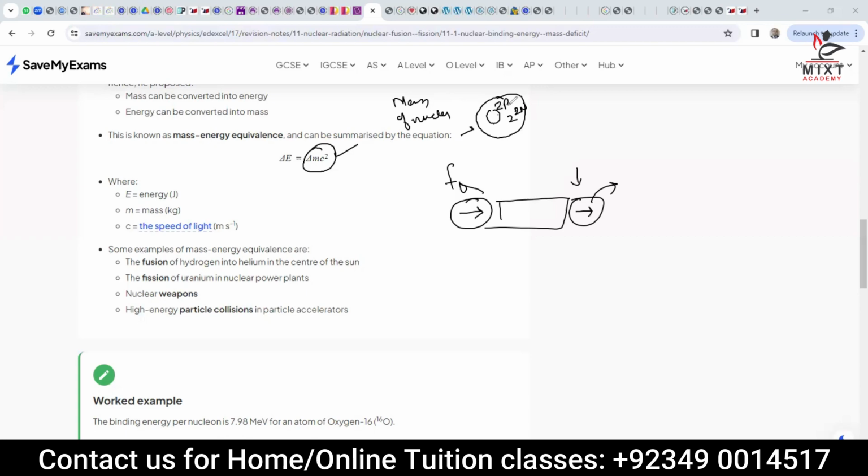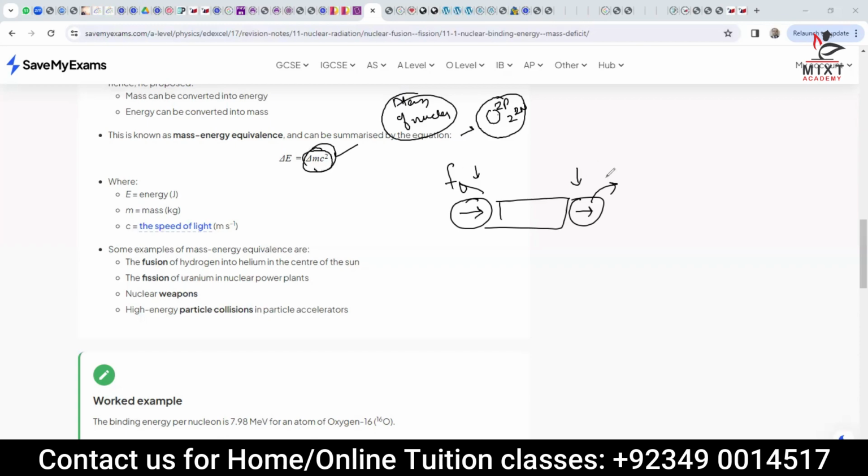It means that the sum of the mass of protons and neutrons, when you add them, will not be equal to the mass of the nucleus. It means that some of the mass is actually converted into energy. The same thing happened in the reaction as well, and that amount of energy can be given by E equals mc square.